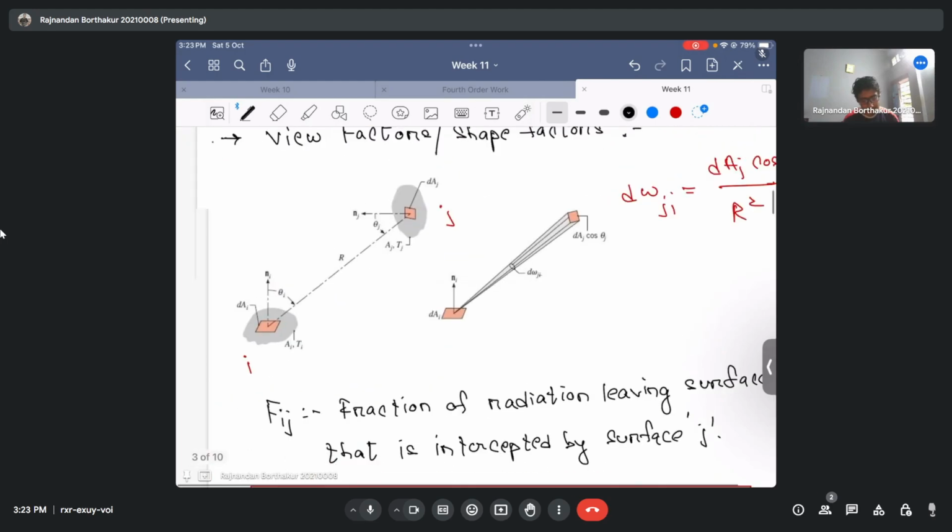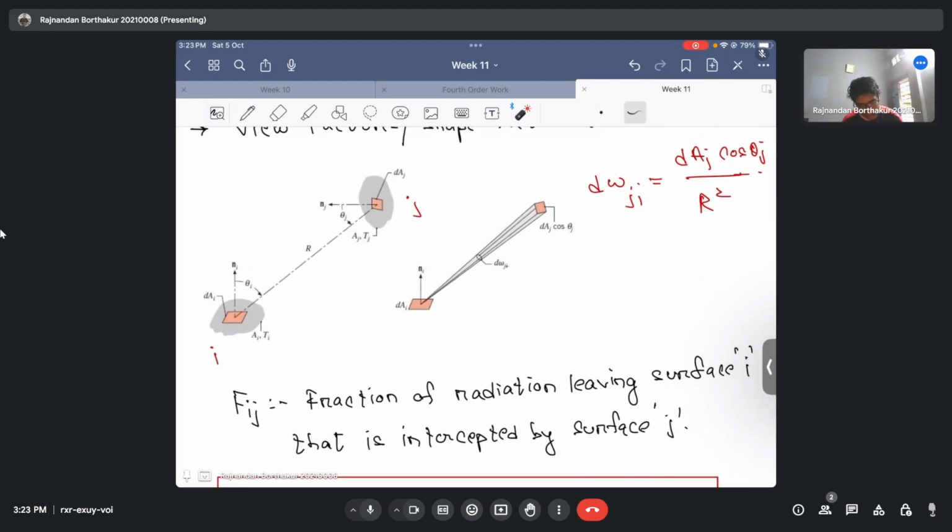For instance, if this black surface is my entire surface, then this red shaded portion is my differential dAi, and correspondingly you can determine the differential dAj, the differential area of the entire area Aj.